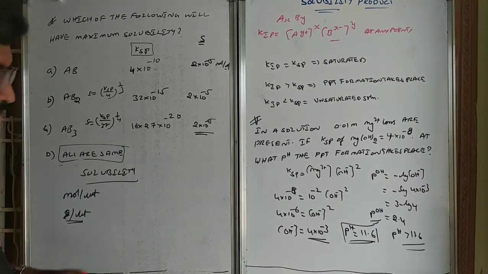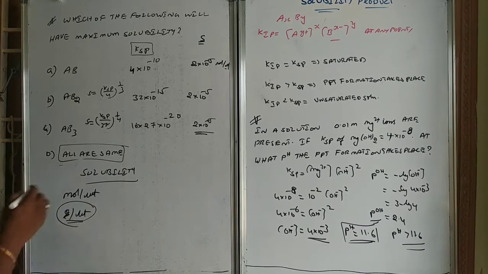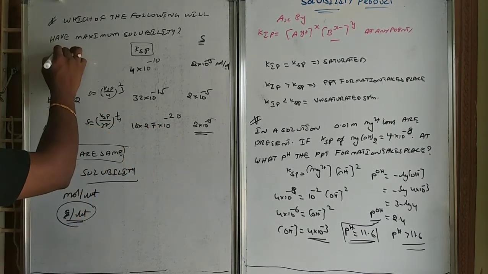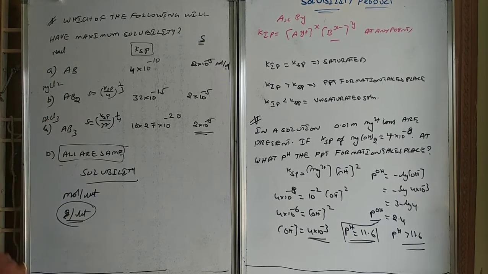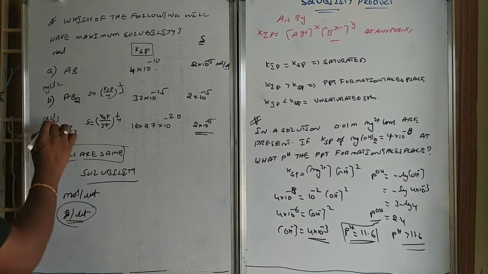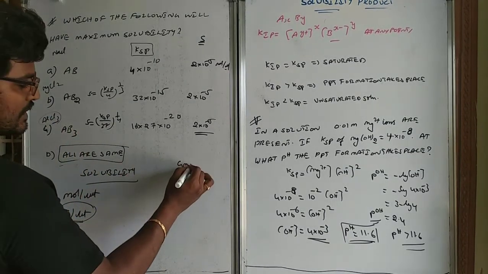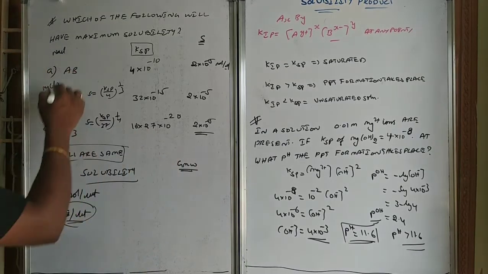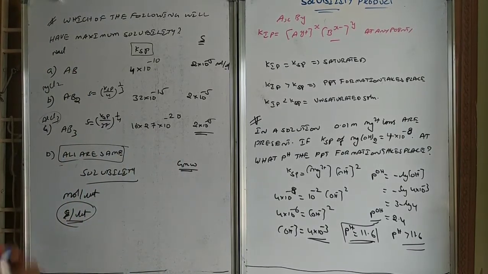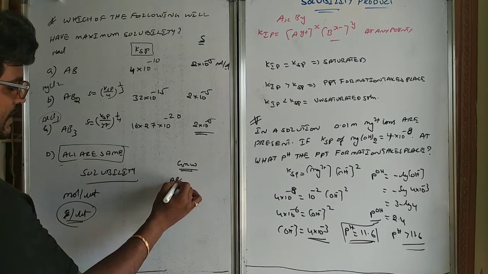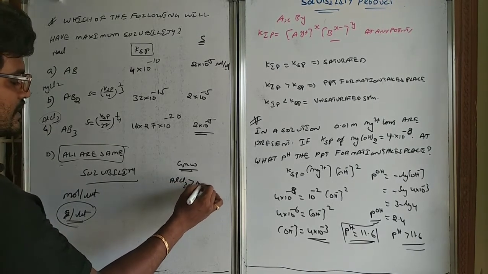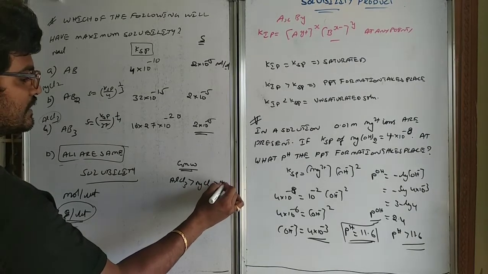If they ask you in grams, the change will happen. If they give NaCl, MgCl2, AlCl3 and ask which has more solubility, whichever has the maximum gram molecular weight, that is AlCl3. So AlCl3 greater than MgCl2 greater than NaCl.